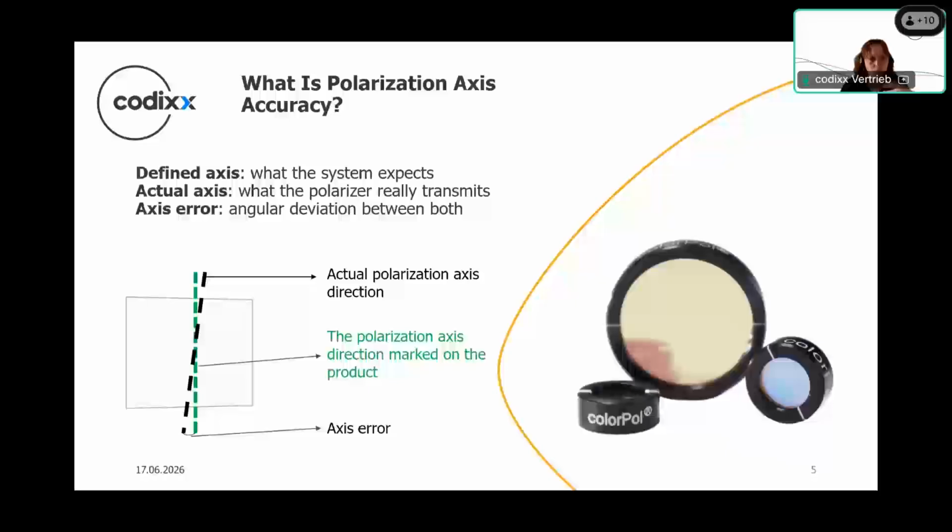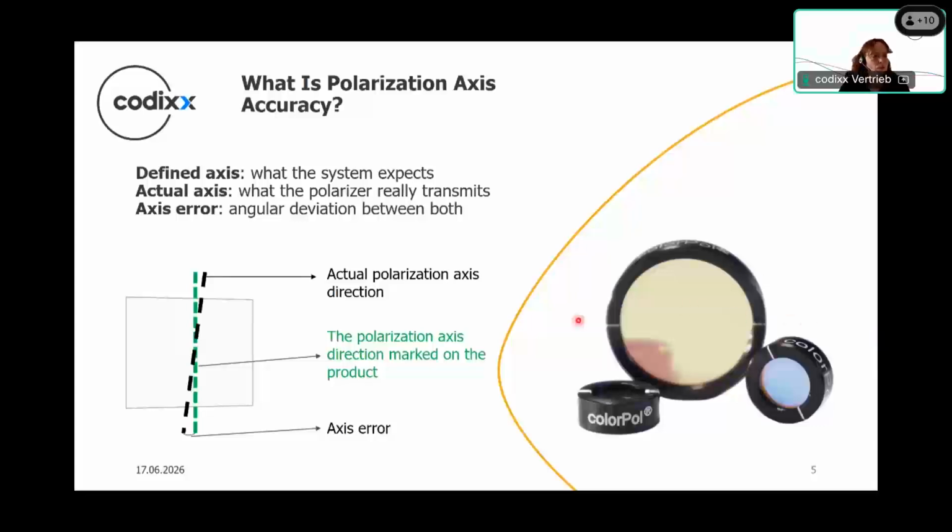So if we are talking about polarization axis accuracy, what do I mean? The polarization axis defines the transmitted polarization direction of a linear polarizer. In practice, this axis is usually referenced by a defined edge, a marking, a mount, or a system coordinate.